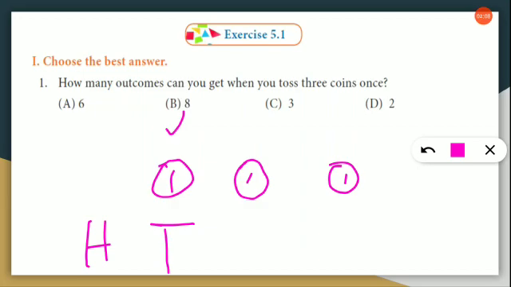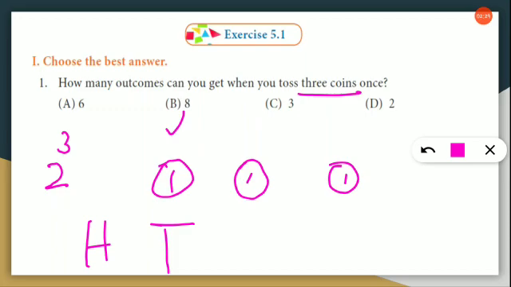So for each coin we have 2 chances. Always remember the chances should be written here. And the number of coins that you are going to toss should be written in the power value. How many coins you are going to toss now? 3 coins. So you will write 2 power 3.